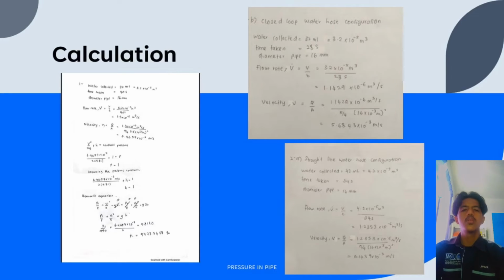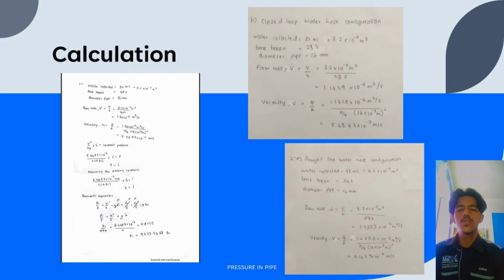So the last equation is pressure over density plus velocity 1 squared over 2 equal to gh. We include all the measurements into the equation, and we get the pressure is 9.78 kilopascals.